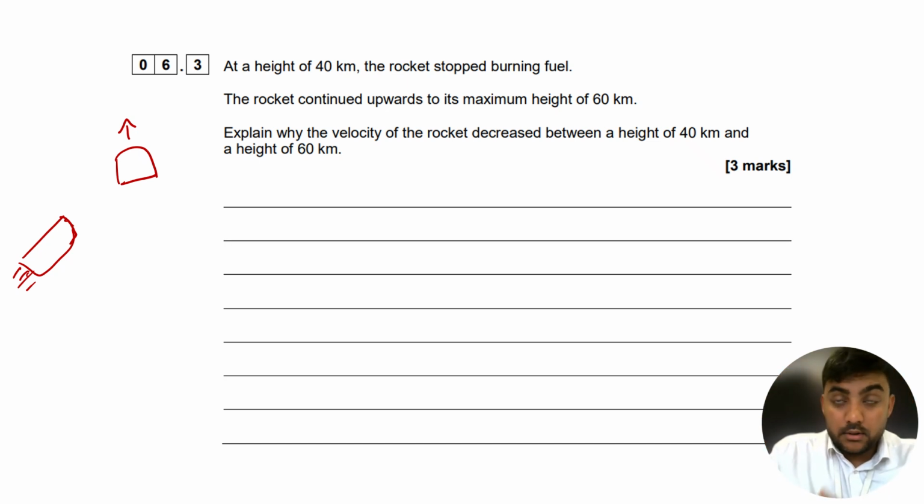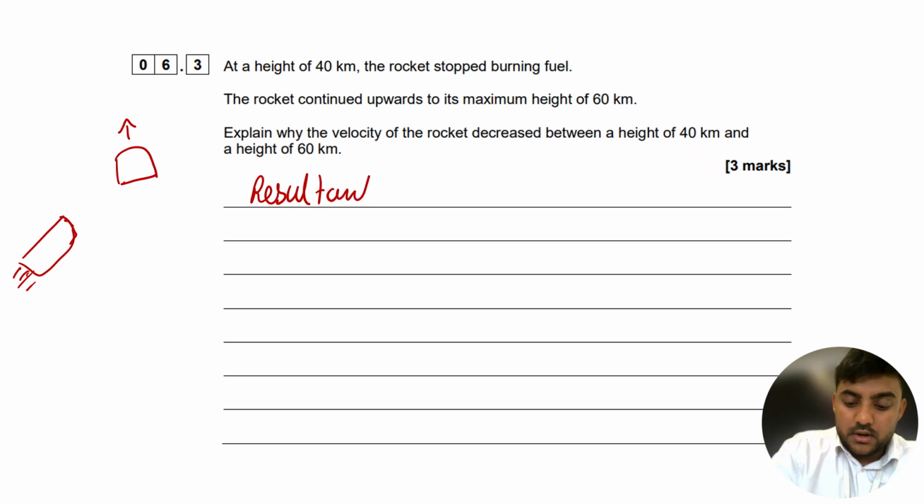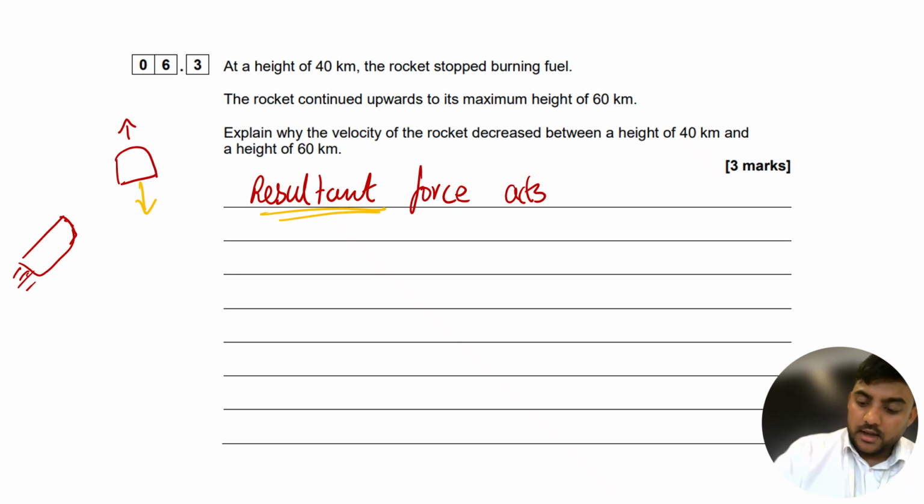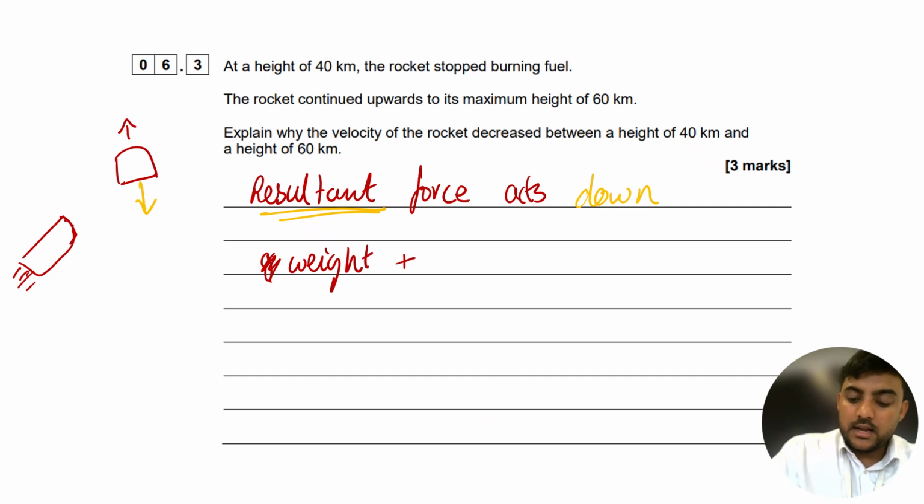To slow something down, the resultant force has to act opposite to the direction of motion. So resultant force acts opposite to the direction of motion. What's the opposite to the direction of motion? It is down. So that's the resultant force. Okay? Acts down. Why? Because of gravity, or the weight, and drag from air resistance.